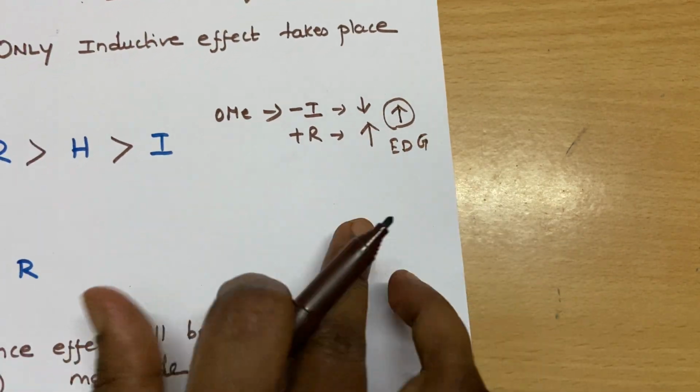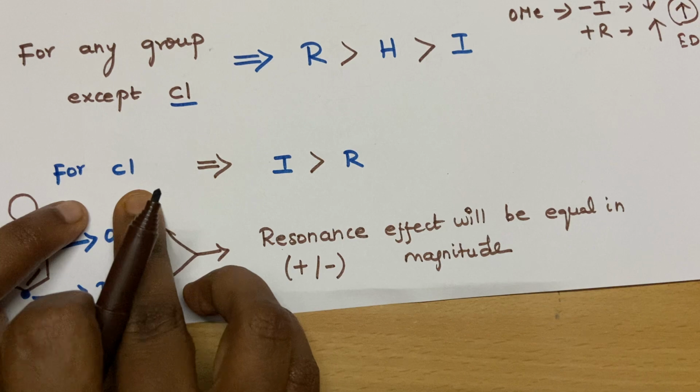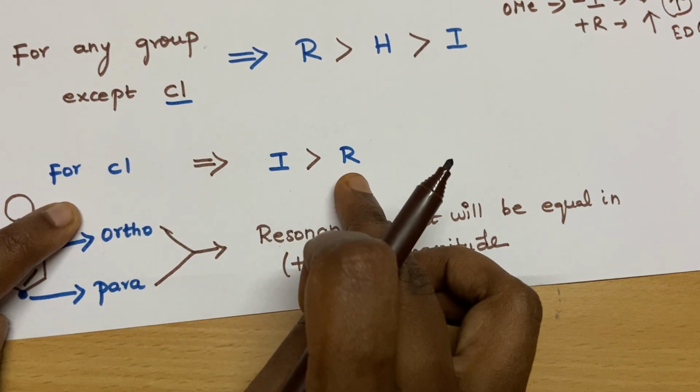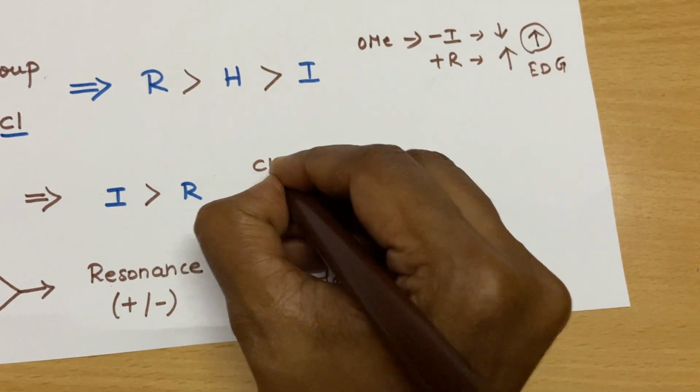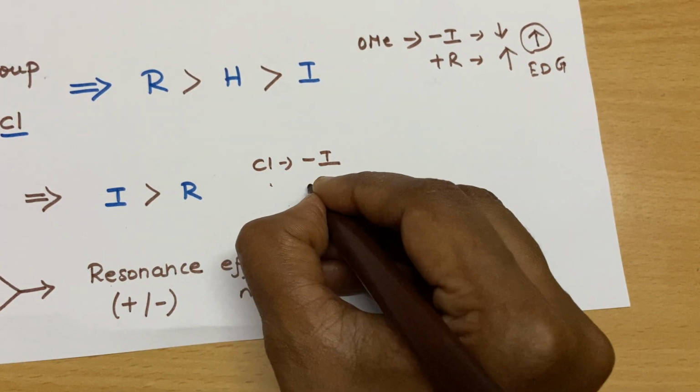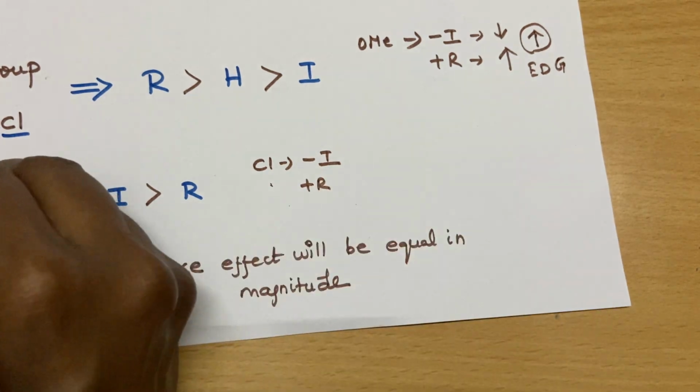Then for chlorine, the inductive effect is more pronounced than the resonance. Chlorine shows minus I inductive effect, and the R effect is plus R since it has lone pairs.